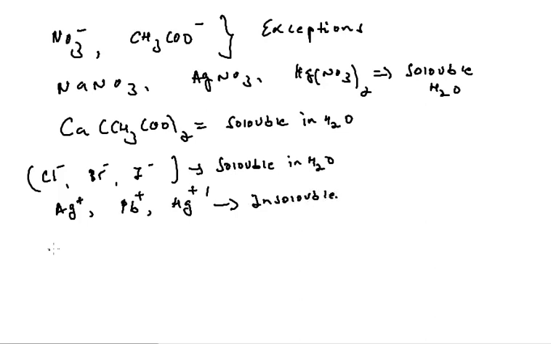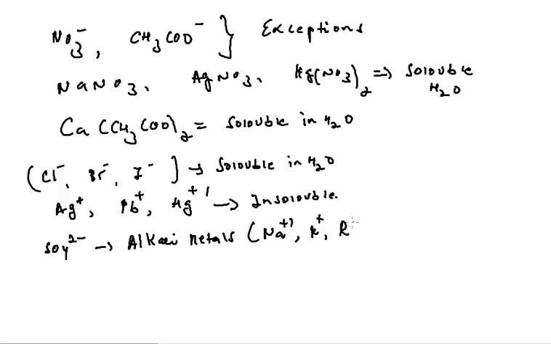Sulfate is a little bit tricky. Sulfates are mostly soluble with alkali metals, such as sodium, potassium, rubidium or cesium.